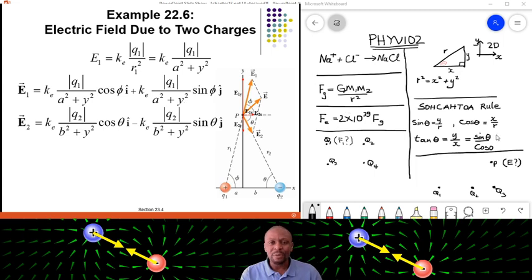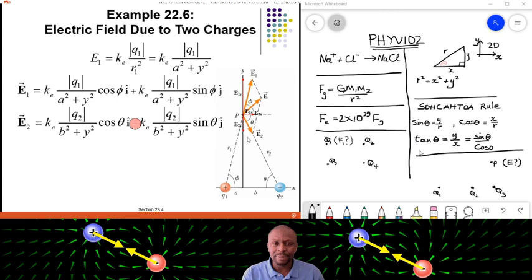Good. Therefore, for the resultant electric field, you will just have to add the x components as well as the y components in order to get the resultant electric field. What is very important is to know that the y component for E2 is negative, because E2 is pointing in a negative y direction.